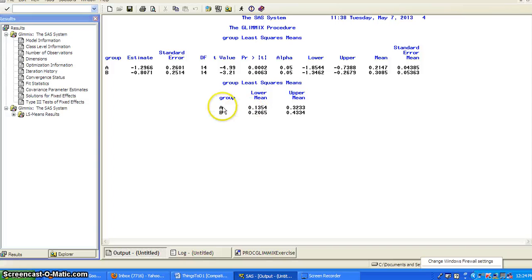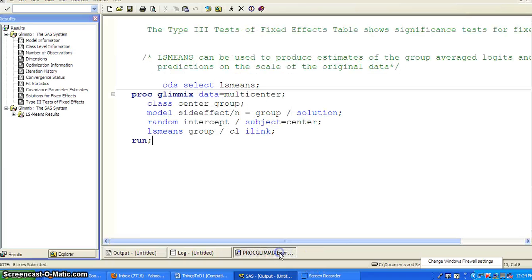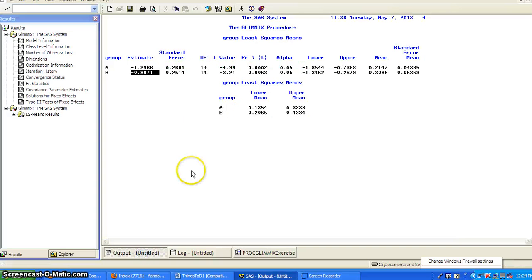And you can see the two treatment groups do have different group means. I think there are tests we can use to test if the group means are significantly different.